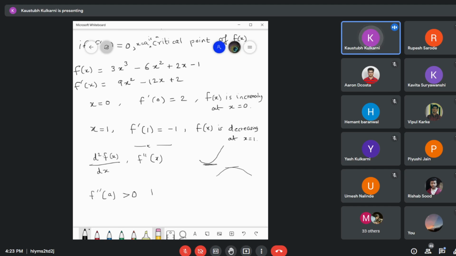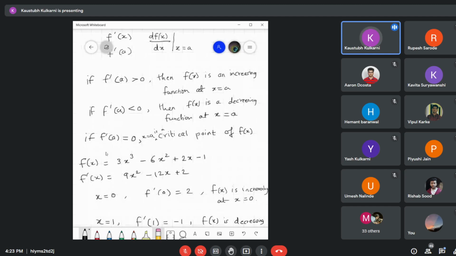You got this point that it is concave up, concave down. The next point is, at the critical point of the function, when f dash of a is 0, that is x equal to a is a critical point of f(x), we cannot say from the first derivative whether the function is increasing or not.